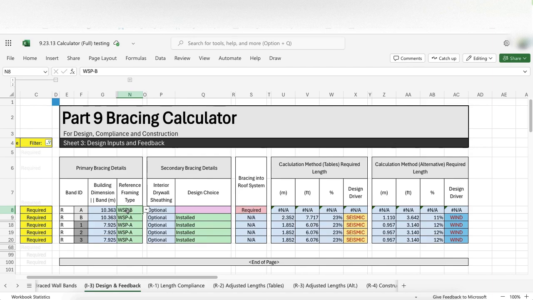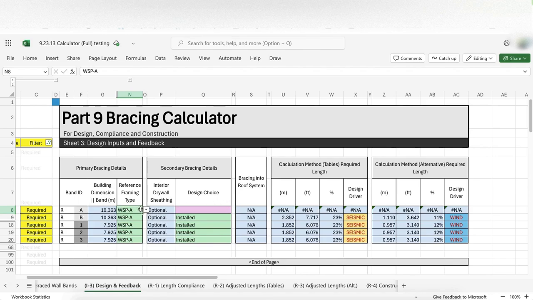When you are selecting one of these other ones, WSPA or lighter, for example, it is assumed that the drywall is providing enough resistance to transfer the forces into the roof system.